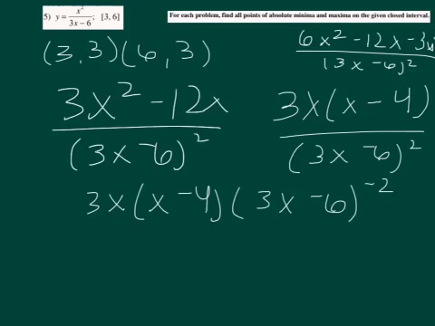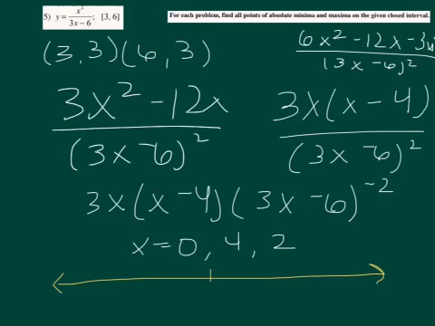So now if I try and solve for the x, it would be x equals 0, 4, and 2. Okay, so now I would plot it on the number line. So the number line would have 0, 2, and 4. So the numbers I would choose would be -1, 1, 3, and 5.